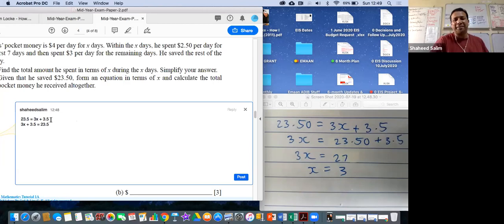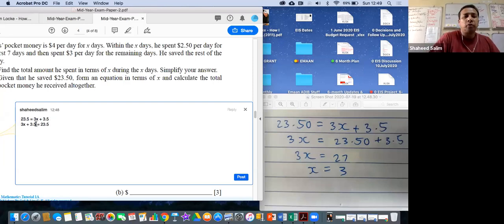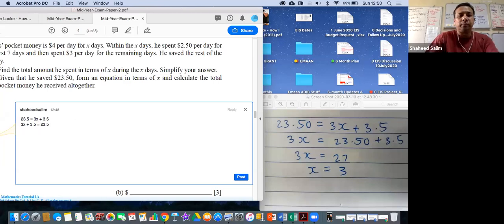So what is x? No, not decimal. You bring plus over, it becomes what? Minus. Oh yeah. Minus. Okay.